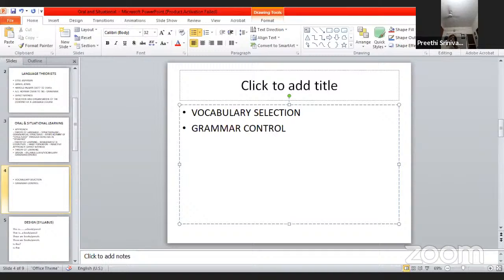I explained that the two items that we are going to teach in any approach are lexis, vocabulary, and syntax, grammar. All right. Apart from this, what else do we have in language? So, in the case of the oral and situational approach, vocabulary is selected. That is the important thing. So, there's a vocabulary selection, and there is also grammar control.